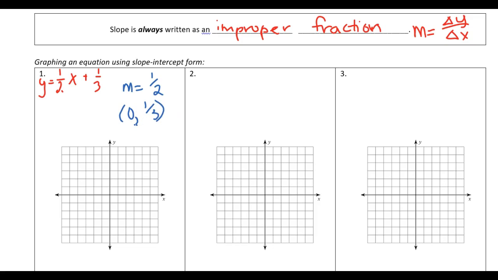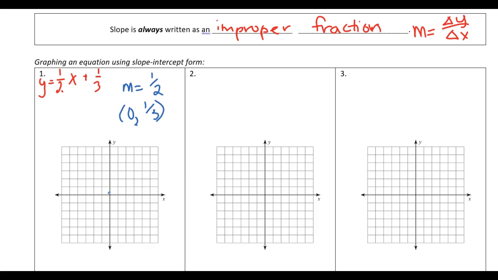So the first thing that we're going to graph is our y-intercept. So we need to know where it's crossing the y-axis. In this case, it is at 1/3. So I'm going to put a dot. I apologize for it not being a great graph on here, but this is what I have to work with. This is about where 1/3 is at, so put a dot right there for your 1/3.